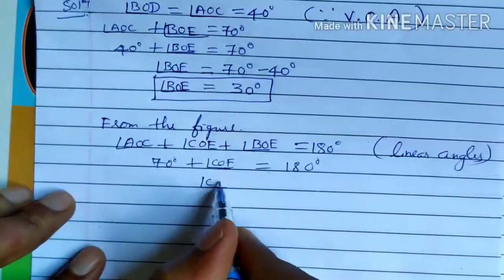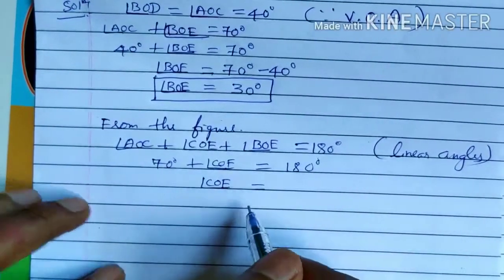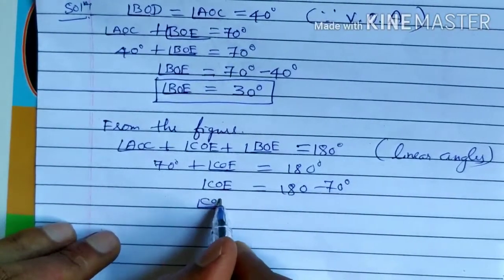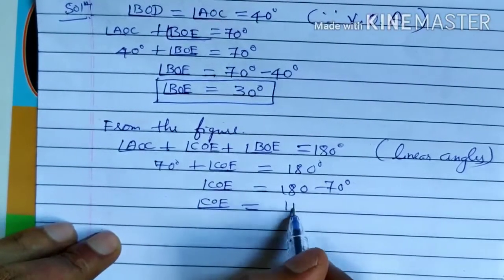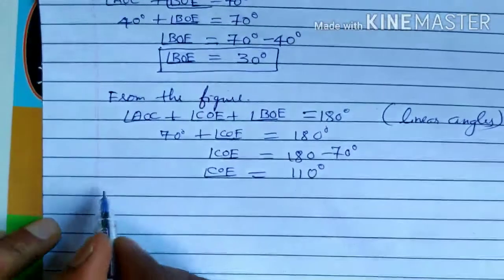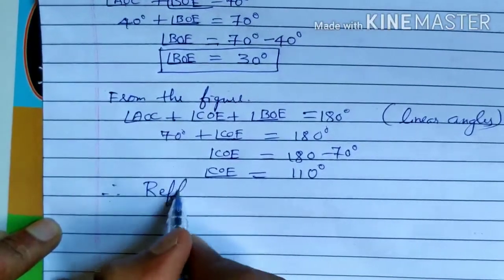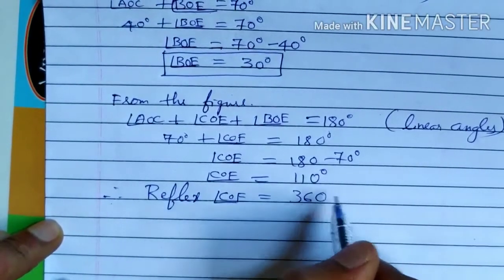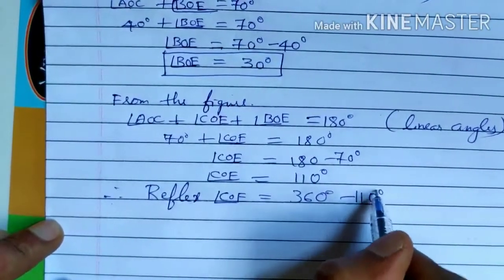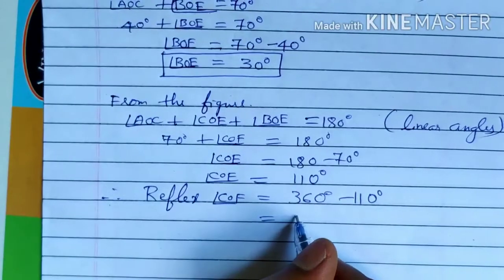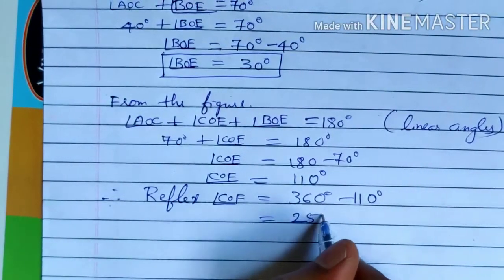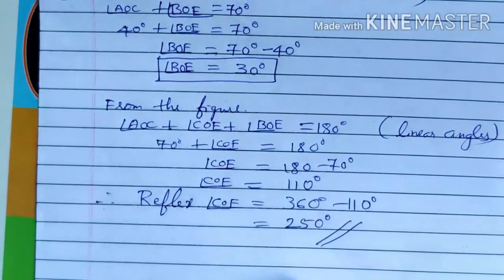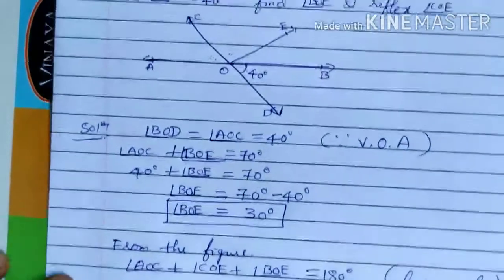Therefore angle COE is equal to 180 minus 70, that is 110 degrees. Therefore reflex angle COE is equal to 360 minus 110, that is 250. So this is how we find reflex angle.